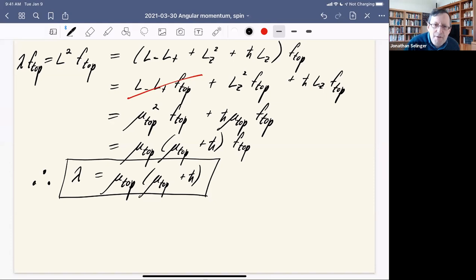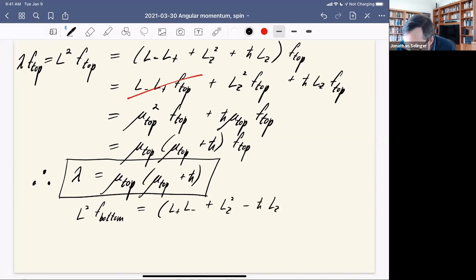Is this good for everybody so far? All right. Now, let's do the same thing on the bottom. If we have L squared acting on F bottom, now I'll use the other equation for L squared: L plus L minus plus LZ squared minus H bar LZ acting on F bottom.